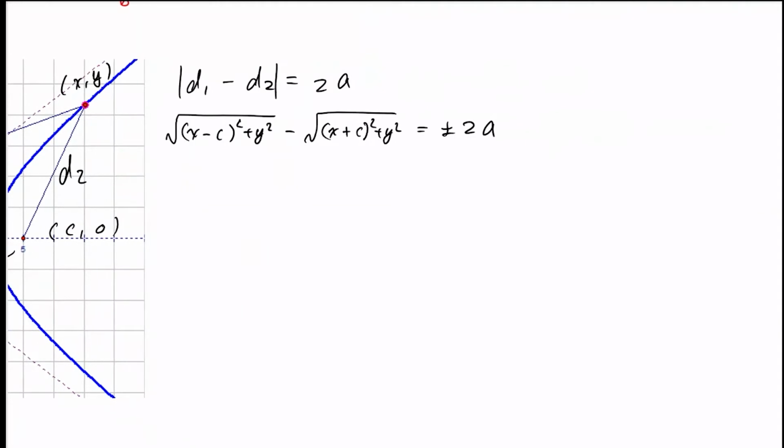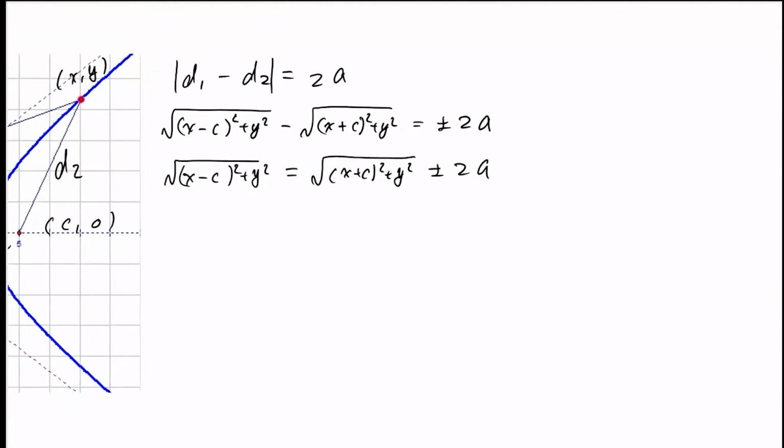Okay, now I'm going to scroll. Now we have to send one of them to the other side. So let's send the negative one to the other side. Then we have this. So far so good. Now we square both sides and square these thingies inside.